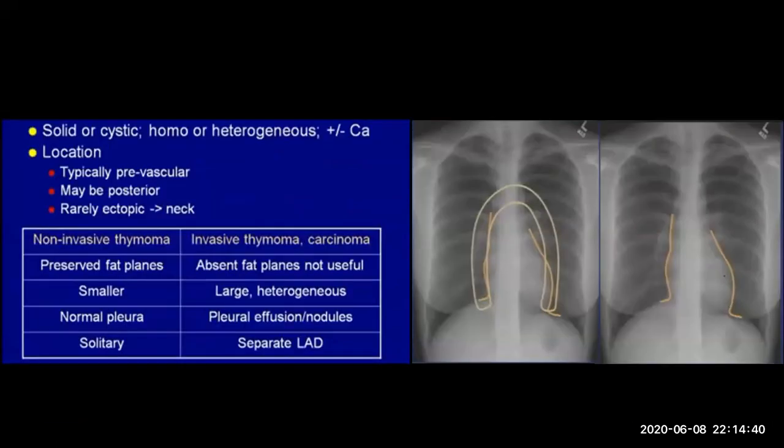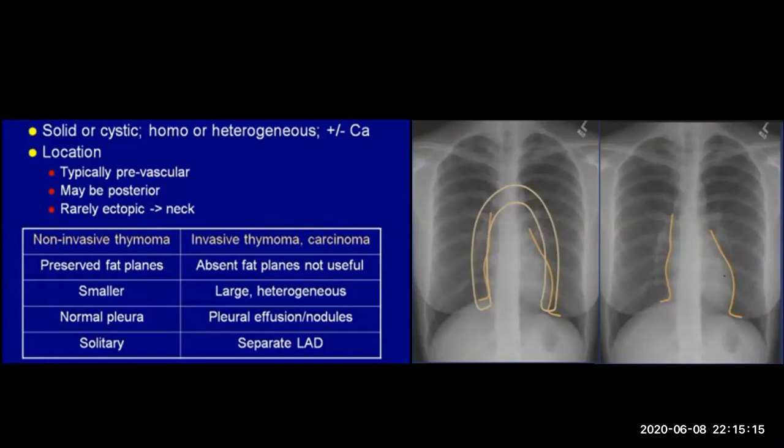This is the location of the thymoma. It is anterior and can go to the cardiophrenic angles or spaces, as in the earlier lecture. This is the horseshoe-shaped location of the thymoma. We have two types, invasive and non-invasive.